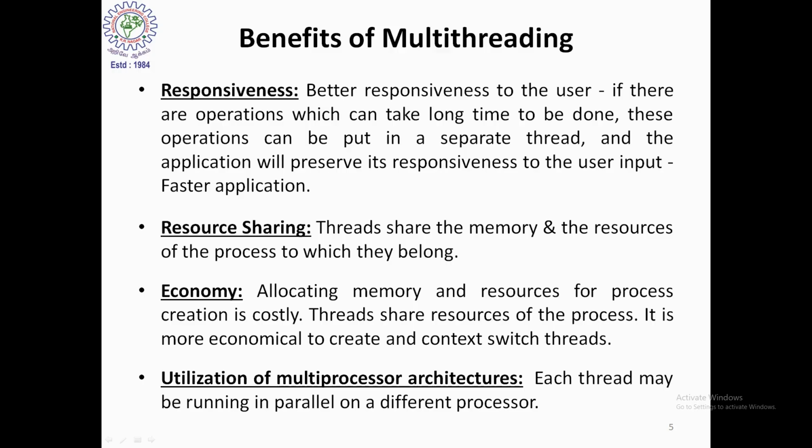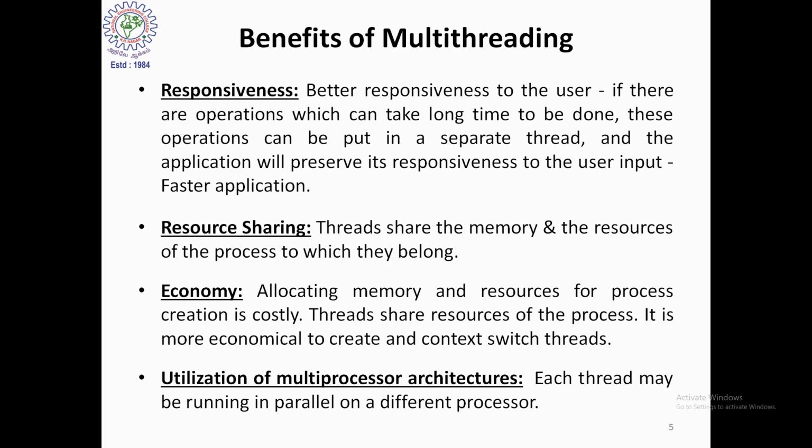Next is resource sharing. We have already seen that every thread belonging to a process shares the data, code, and files that are associated. Similarly, they will also share the resources. If there is only a single thread in a process, such sharing is not possible. But when there are multiple threads available in a single process, the sharing can happen in a timely manner.